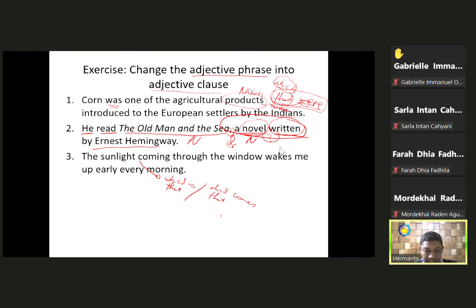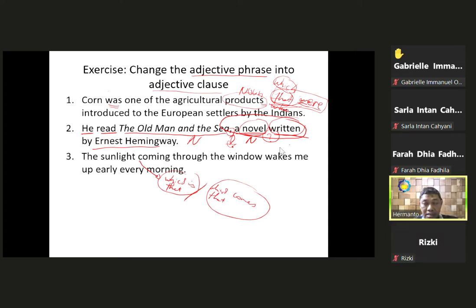Okay, so which is more precise, which is coming, or which comes, or that comes? Yeah, so it depends on the time point of view. When it is which is coming through the window, it is progressive, it is continuous. Which comes, yeah, it is a general truth, so it is more on simple present tense.